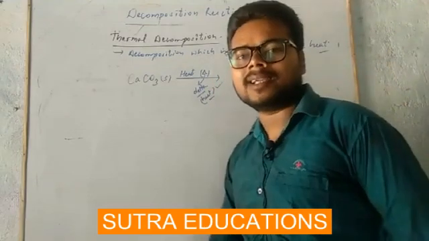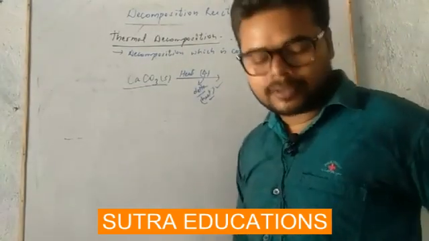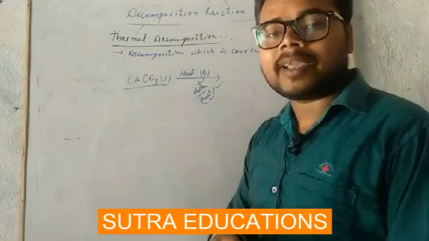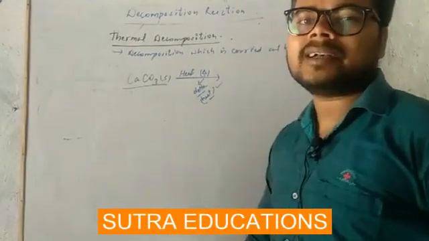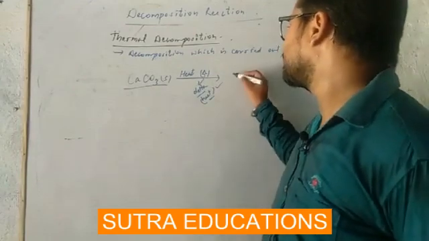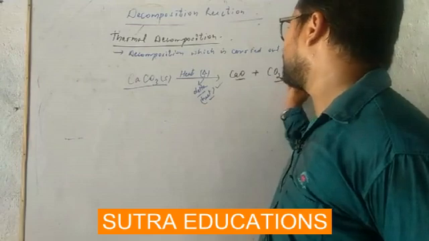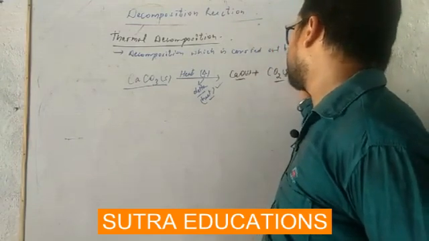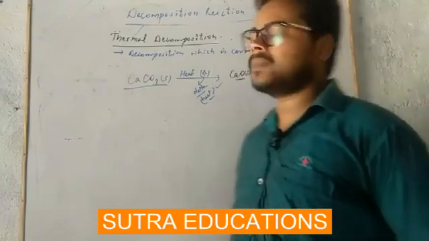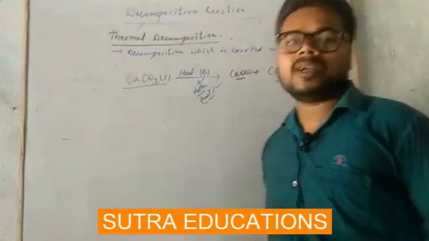Delta means you are heating. Okay, so calcium carbonate which is solid, and when you are supplying heat to it, then this calcium carbonate decomposes into calcium oxide plus carbon dioxide. Calcium oxide is also a solid. Carbon dioxide, you know, it is a gas. Okay, so this is example of thermal decomposition.